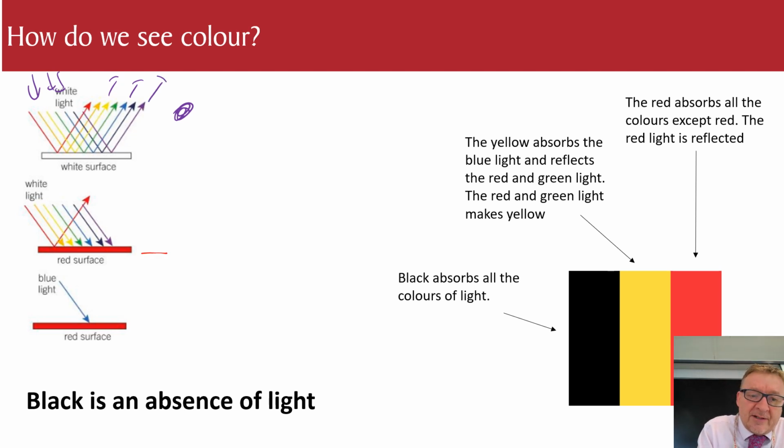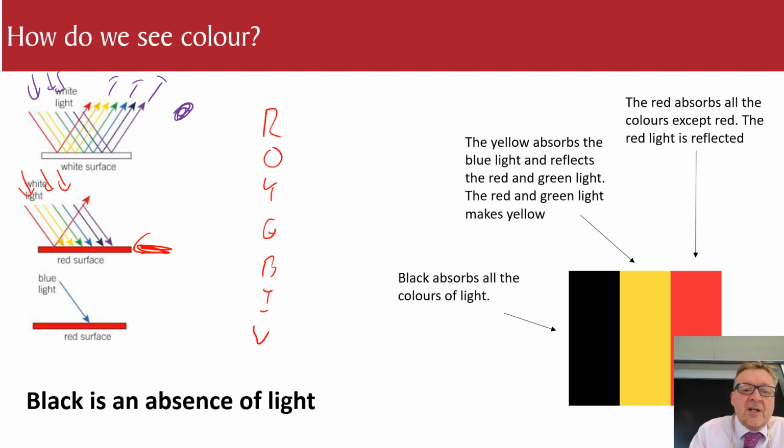Now I've got a red surface. If all the colours of the rainbow shine in, the red surface absorbs all of the colours. Richard of York gave battle in vain. The only one that isn't absorbed is the red, so we see it as red.